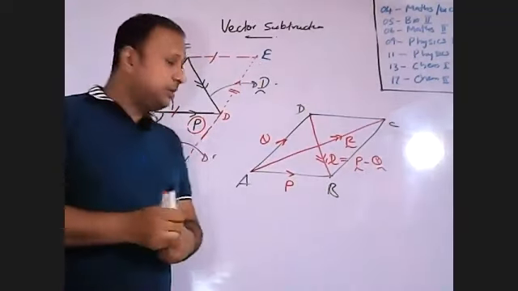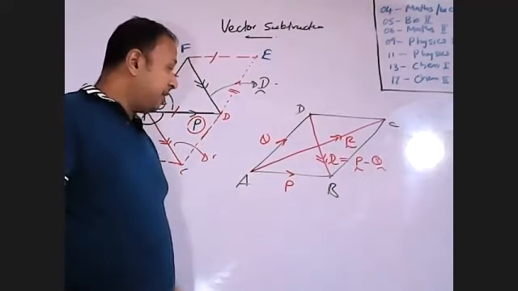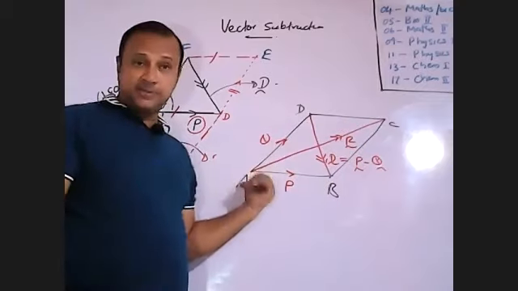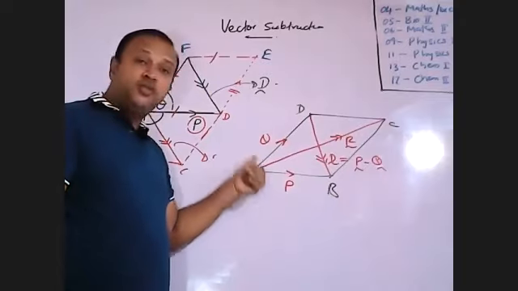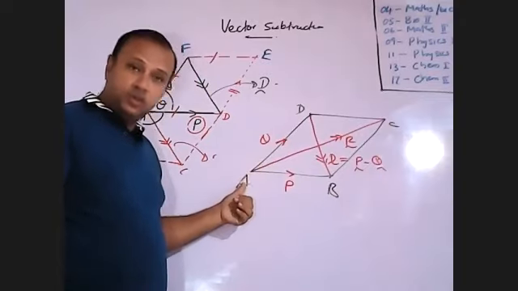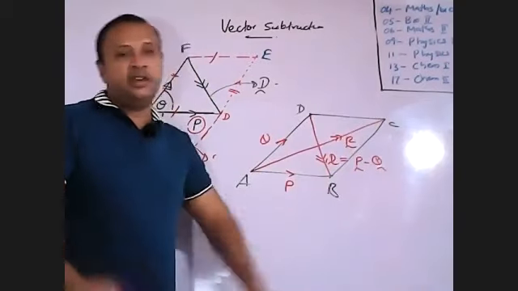So if I complete the parallelogram to get the resultant force, then this diagonal, between the two forces, two vectors, gives the resultant force. The other diagonal gives the difference.